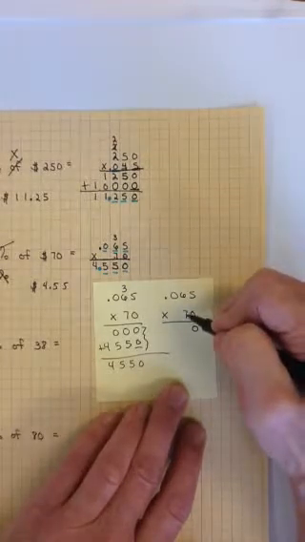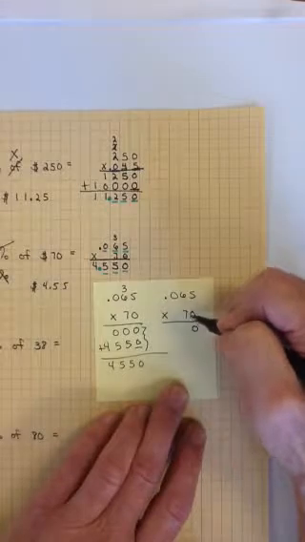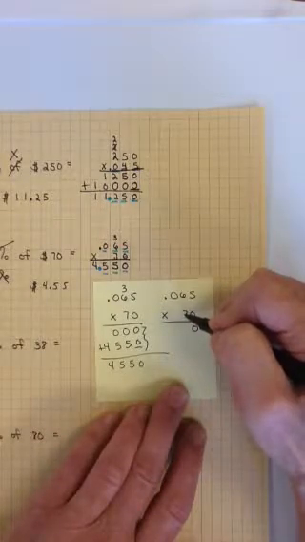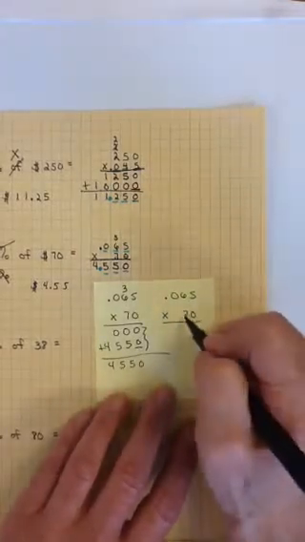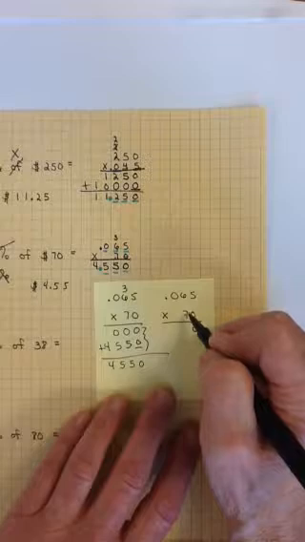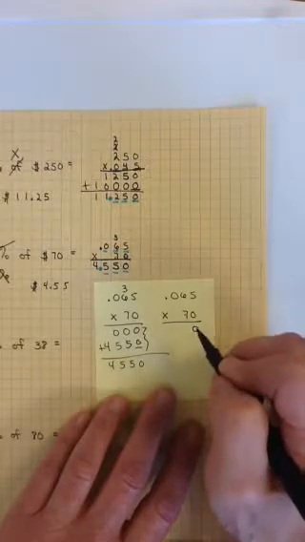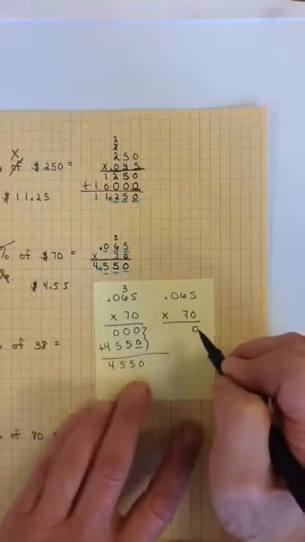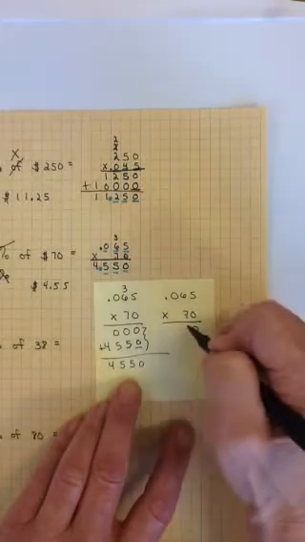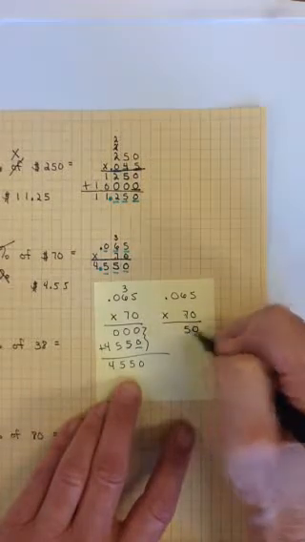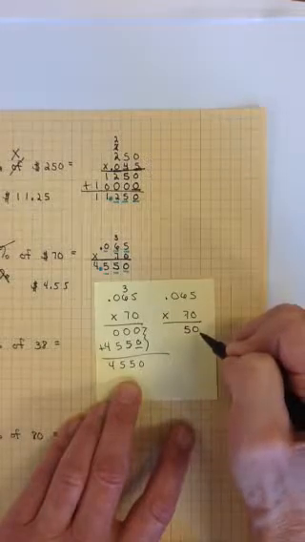Okay, with my shortcut, I multiplied 0 times all of this, and knowing that when I moved over to the 7 and started multiplying with this 7 in the tens place, the digit that I would get, 7 times 5 is 35, right? So the next digit I write down is going to be a 5. Knowing that it's going to show up in the tens place, I just put it in the tens place.